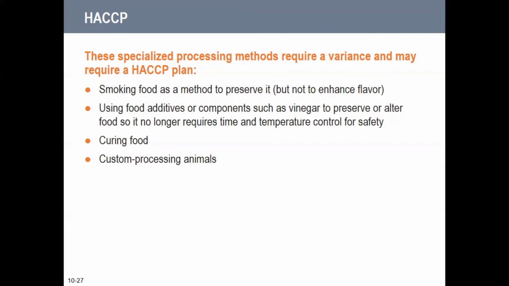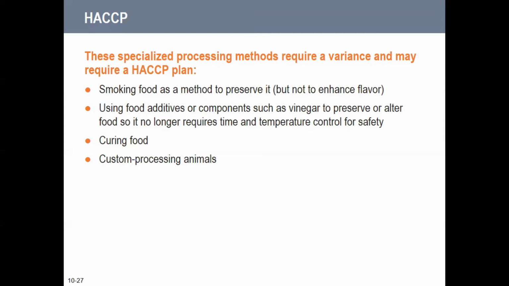So like we said, if we're trying to smoke food to preserve it, not just to enhance the flavor, if we're using food additives or compounds like vinegar to preserve or alter food, so we're going to make our pickles, but not because we like the taste, but because we want to keep them at room temperature instead of in the refrigerator, then we have to have a variance and a HACCP plan on how we're going to prevent people from getting sick through critical control points and critical limits.